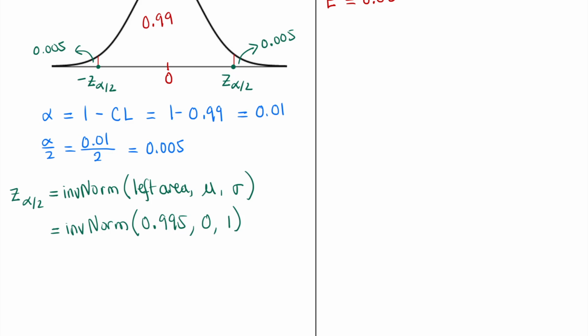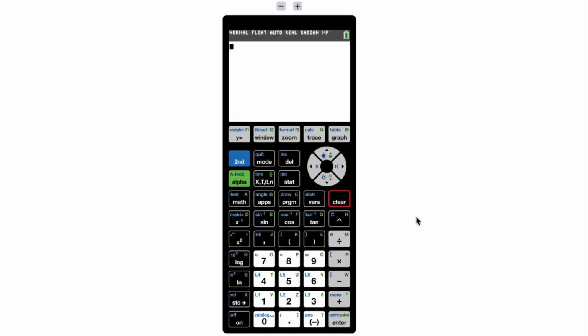Now, we use the TI-84 calculator to find this value. To open the distribution menu, press second vars, choose inverse norm, and press enter. For the area, we'll enter the left area, 0.995. Mean is 0. Standard deviation is 1. Choose the left option because we used the left area.